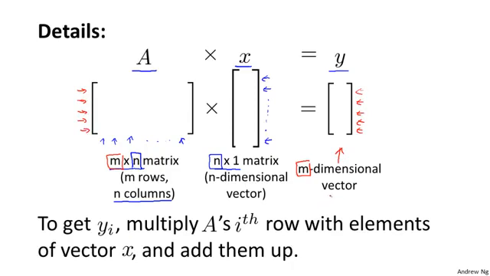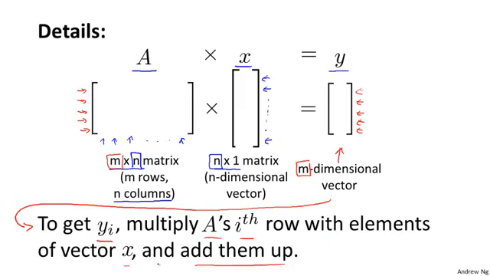Well, it turns out to compute this vector y, the process is to get y_i, multiply A's ith row with the elements of the vector x and add them up. So here's what I mean. In order to get the first element of y, that first number, whatever that turns out to be, we're going to take the first row of the matrix A and multiply them one at a time with the elements of this vector x.